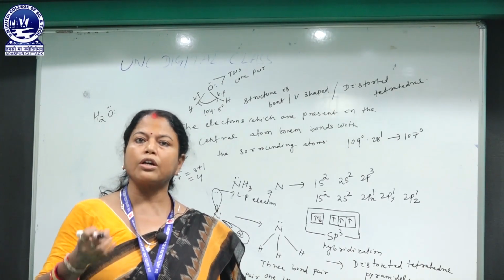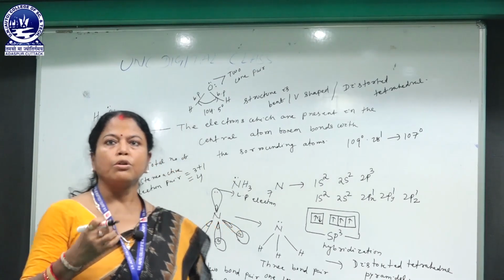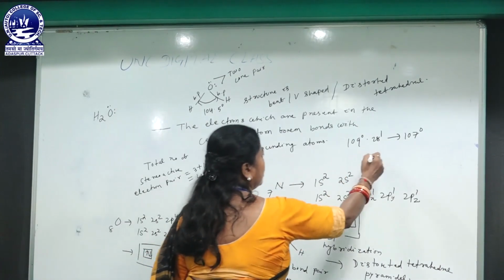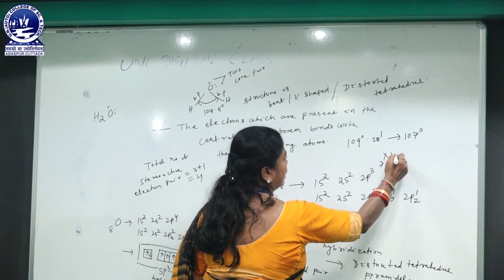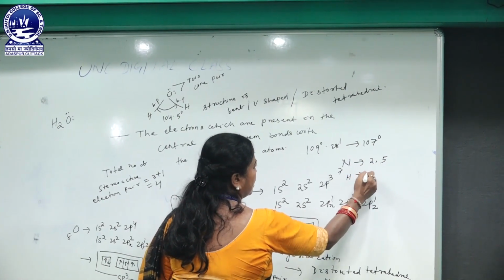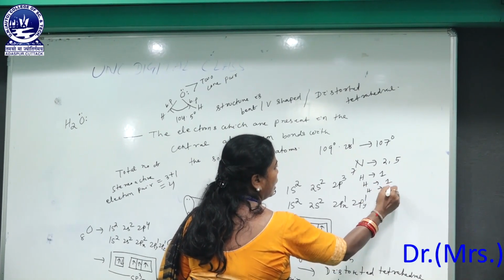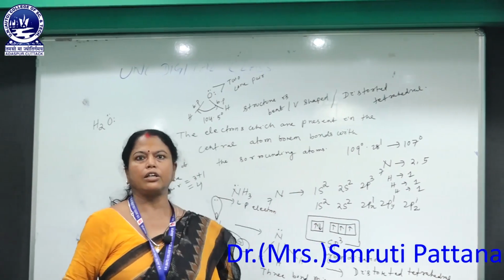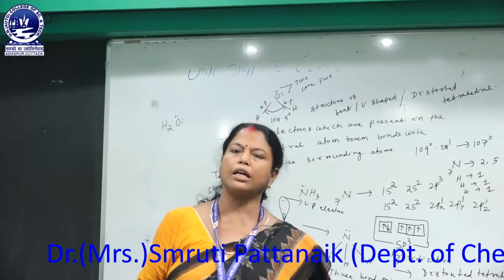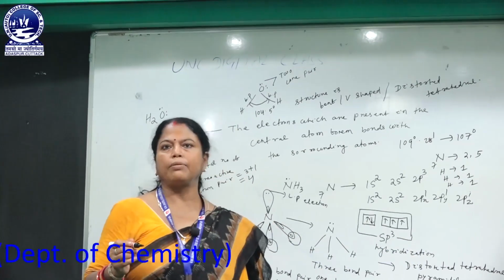Covalent bond. So if we consider the covalent bond, in the case of the ammonia molecule, we see that the configuration of the nitrogen atom is 2, 5, and there are 3 hydrogen atoms each containing 1 electron. So how many valence electrons are present in the ammonia molecule? There are 5 plus 3, 8 valence electrons.